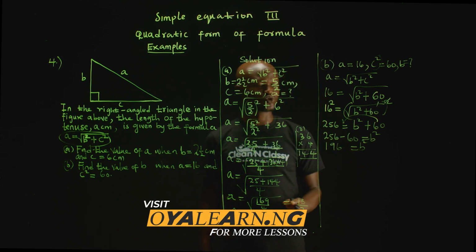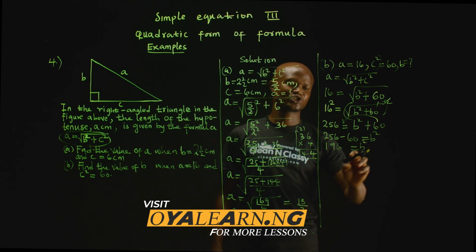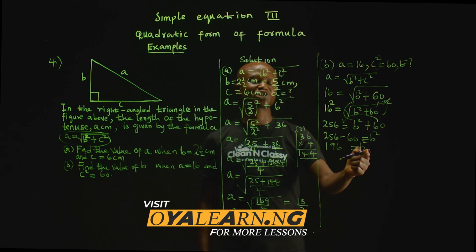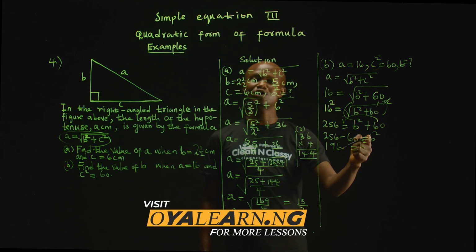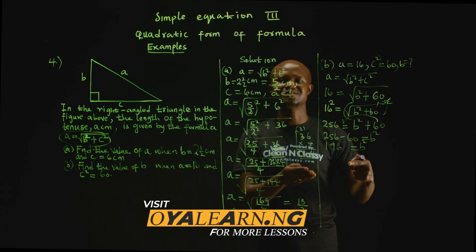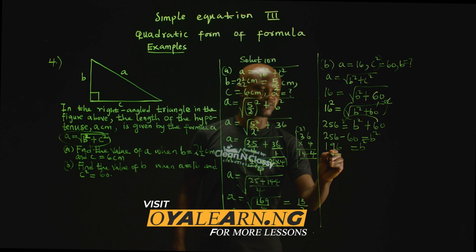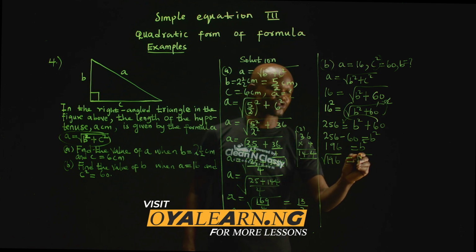Now, at this point, we want to find b, and your unknown is the base here. So what do you need to do? When you have an unknown squared equal to a value, and you want to find that unknown as a base, you take the square root of both sides. By taking the square root of both sides, we have the square root of 196 equals the square root of b squared.